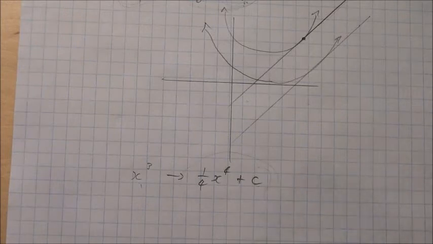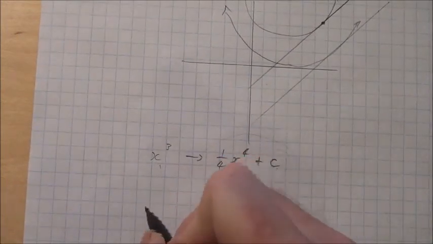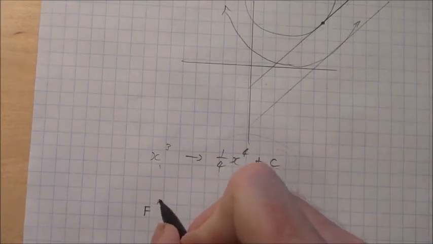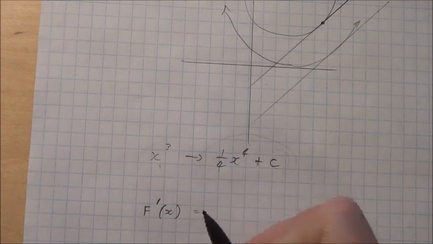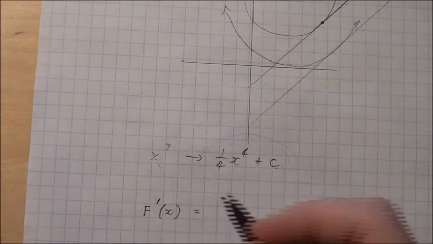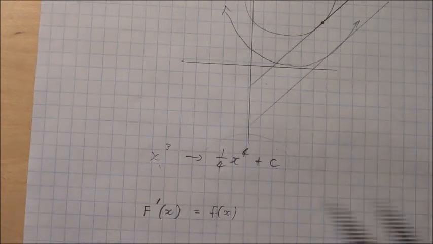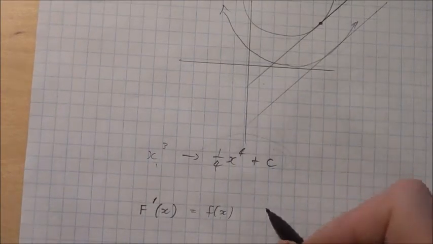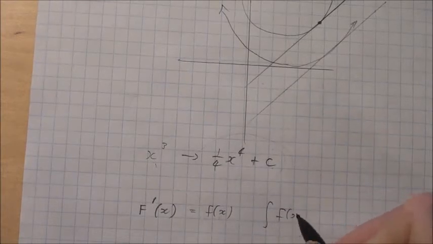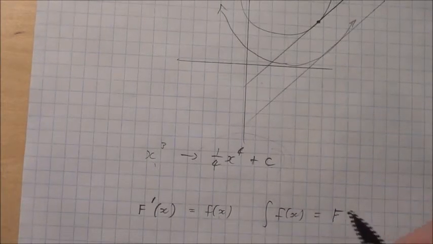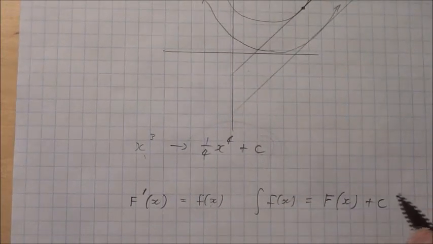Okay. So in the textbook we see this capital F of x, this capital F prime of x, when you take the derivative of that capital F of x, we get f of x, which is basically the original function. Then the integral of this is going to give us capital F of x, plus c.